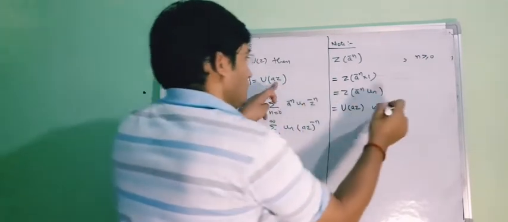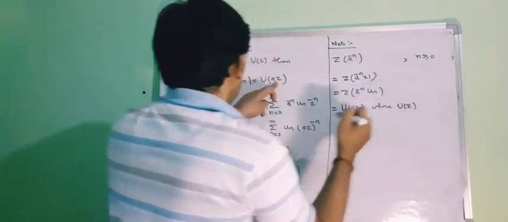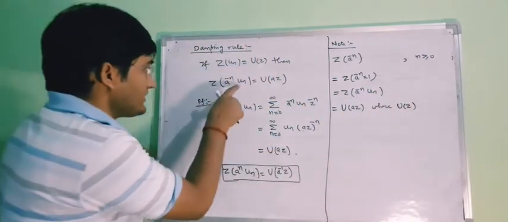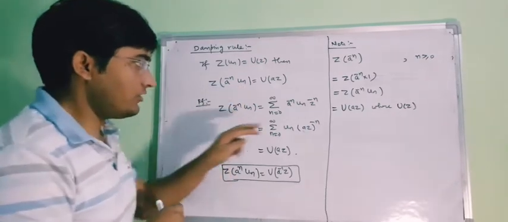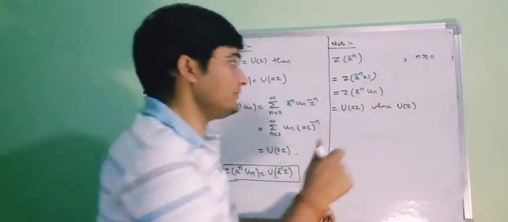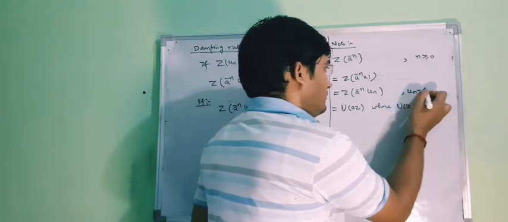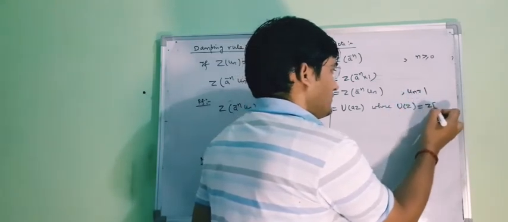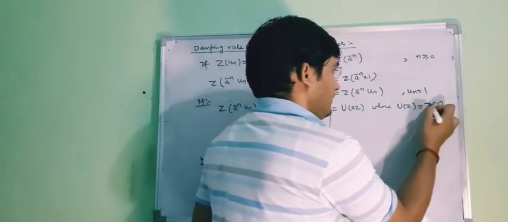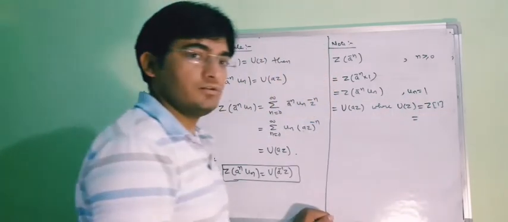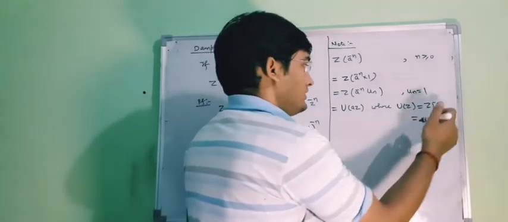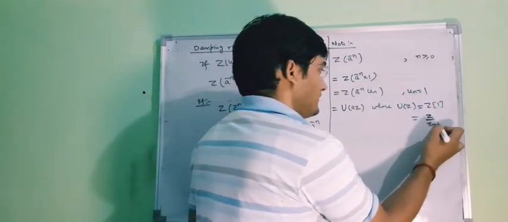where U(z) is the Z transformation of this u(n). And now in place of u(n) we have 1. So this is your Z transformation of 1, and the Z transformation of 1 is z upon z minus 1.